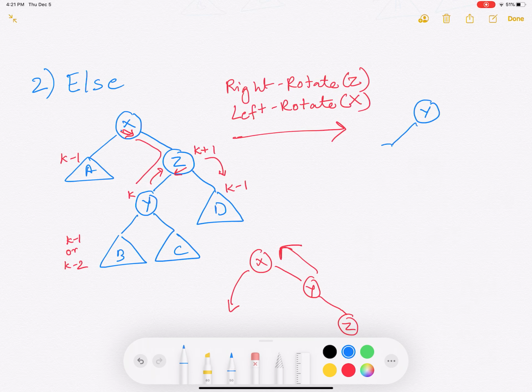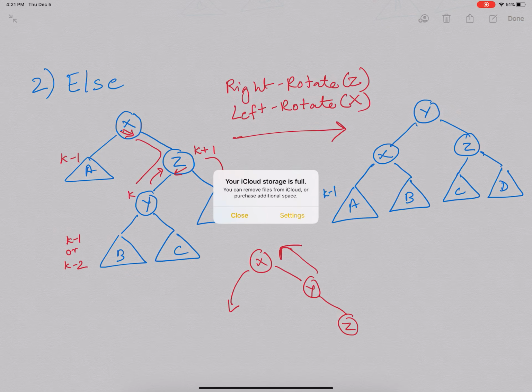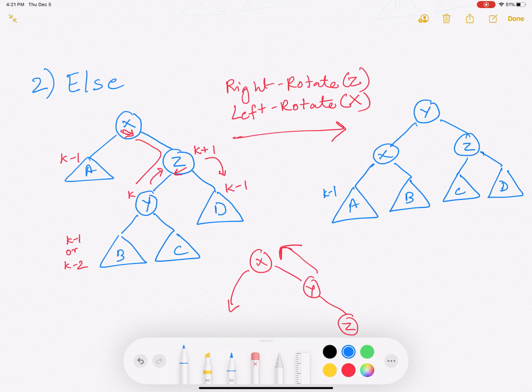There is y, there is x, there is z, and x will have 2 subtrees A and B, z will have subtrees C and D. If you look at the heights, A has a height of k minus 1. B and C have a height of k minus 1 or k minus 2, and D also has a height of k minus 1.